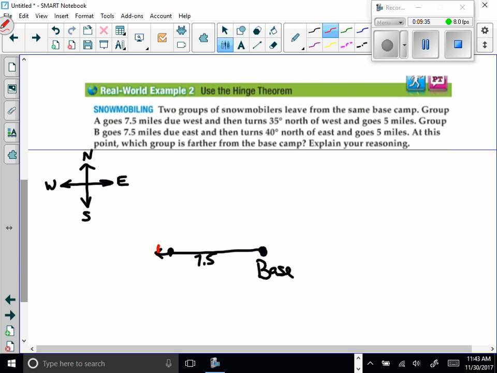I'm just guessing how much that is. I'm heading now in that direction. That's supposed to be 35 degrees north of west, and they went 5 miles.